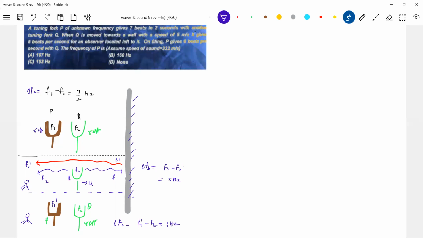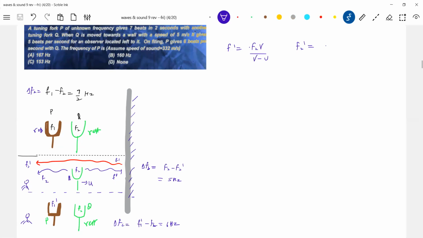So he's asking to get the frequency of P, the actual frequency of P. That is what F1 is asking here. So let's get the Doppler effect formula first. F dash will be equal to F2 V by V minus U. F2 dash should be equal to F dash.